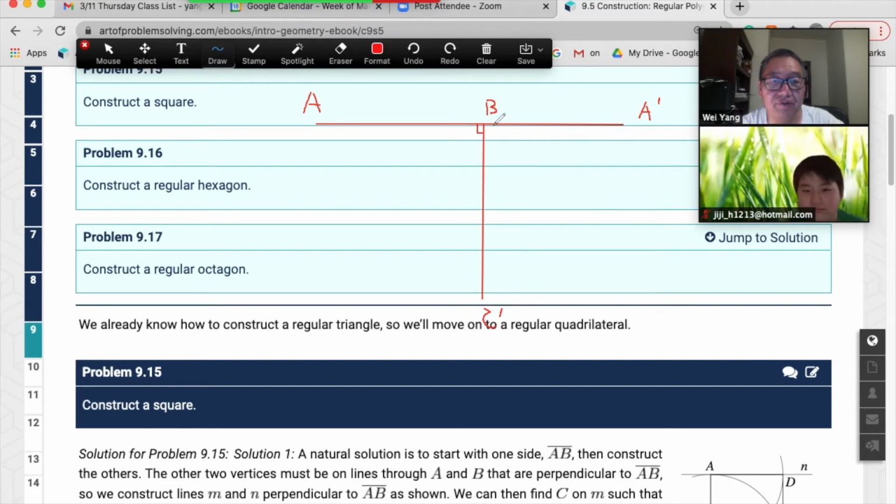Do you have a way to build an angle bisector of angle A prime, B, C prime? Sorry, do you have any idea to do that? I don't remember. You don't remember? Okay. Let's see. Dylan, do you still remember? We actually built this one before. This one is a very normal way. Just use a compass. Very easy.